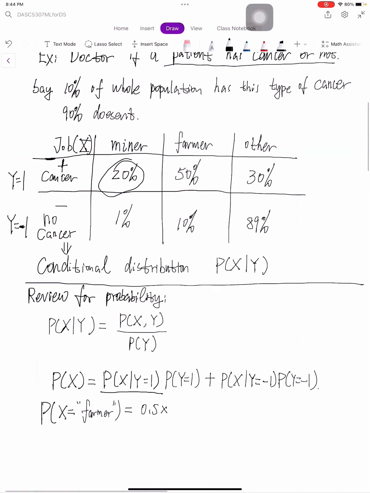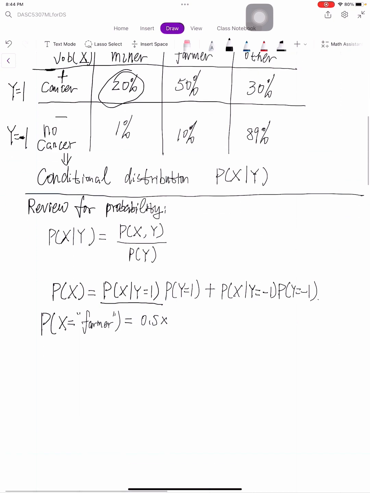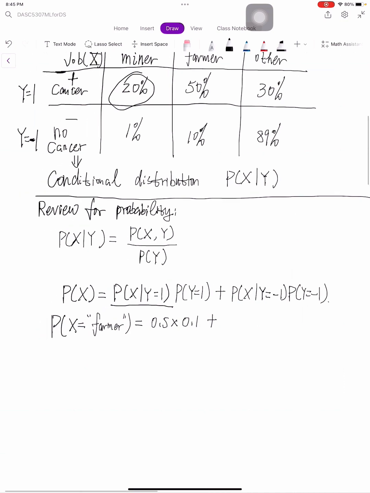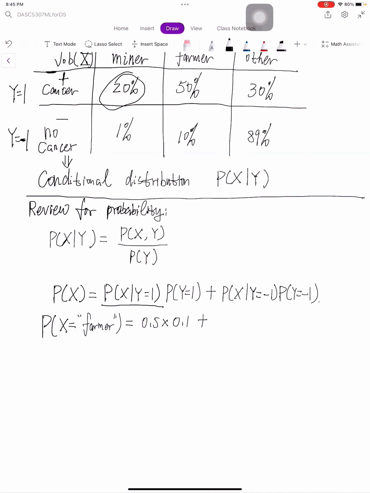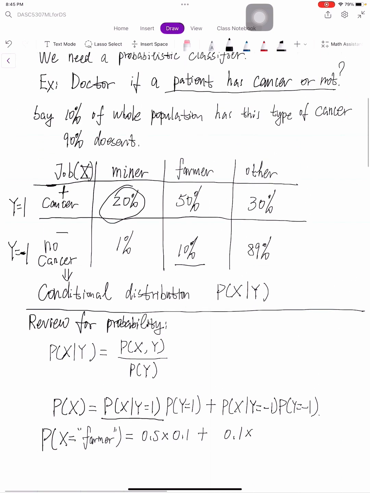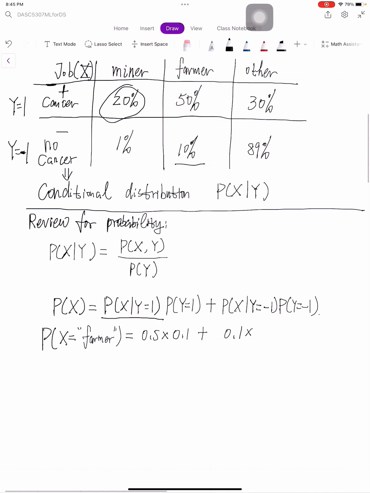We know 10% of the whole population has this type of cancer, so multiply by 0.1. Plus, similarly, among the patients without cancer, the probability he is a farmer is 10%, so 0.1, multiplied by the probability in the population without cancer.